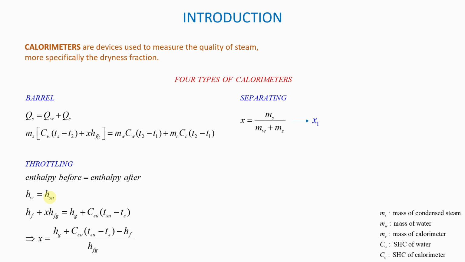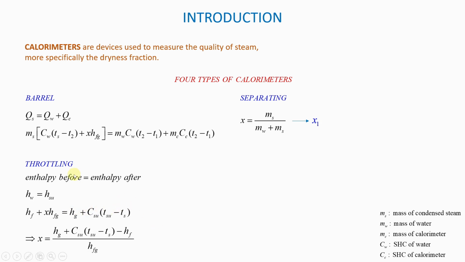Very, very important. And from this, you write the expressions of these enthalpies, the equations for them, and from there you solve for X. Remember that HF and HFG, you read them at the pressure before throttling, and Hg, you read at the pressure after throttling, okay?